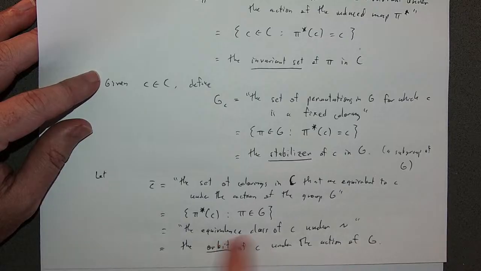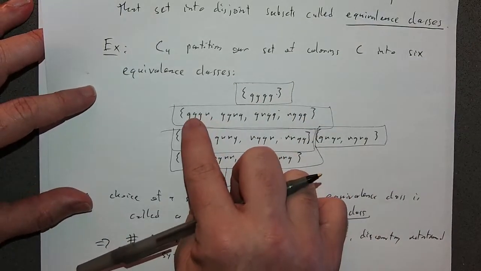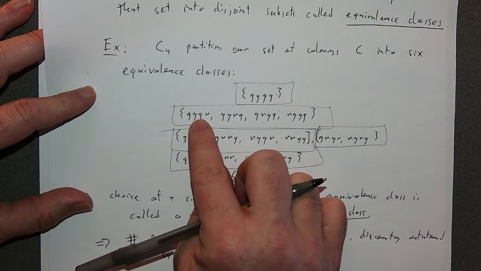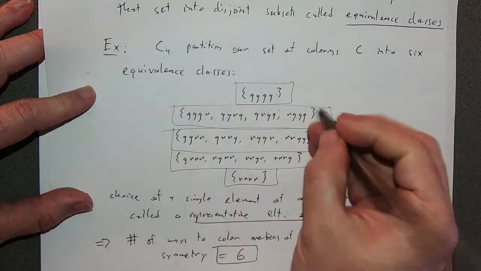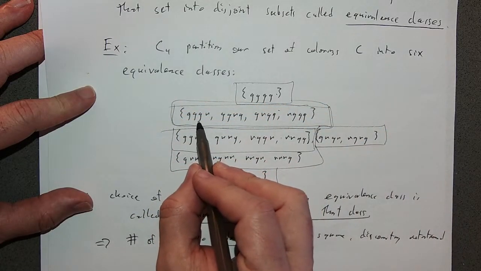So, what is the equivalence class here? Well, I know what it is because I've already figured it out. The equivalence class of GGGR is this one. Why? Because that's the one it's in.